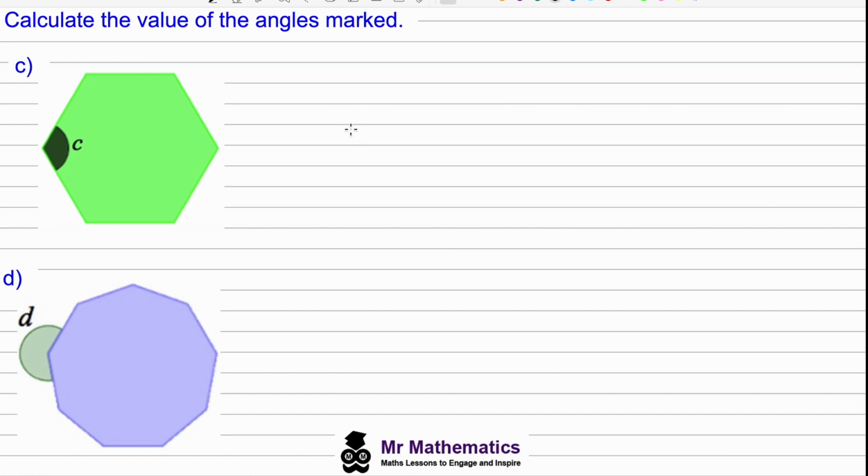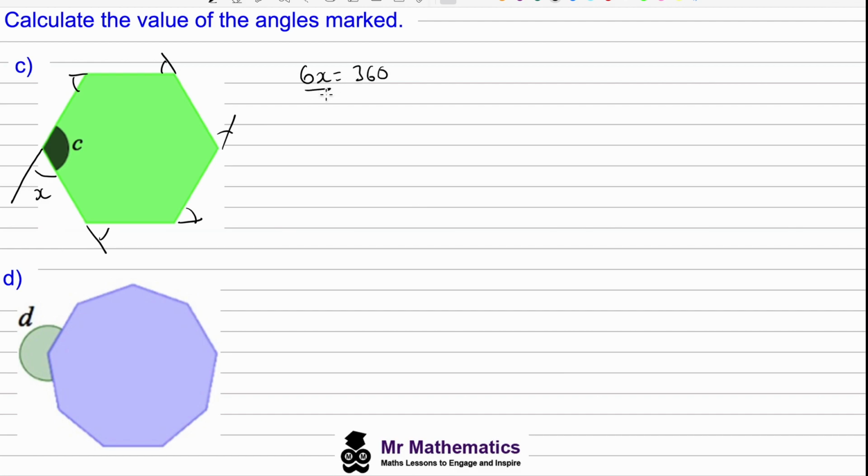Okay, so welcome back if you had a go. The first thing we're going to do is look at the exterior angle of this hexagon, because we know all the exterior angles around the hexagon will add up to make 360, because they rotate around a circle. If we call this one X, 6 lots of X will equal 360.